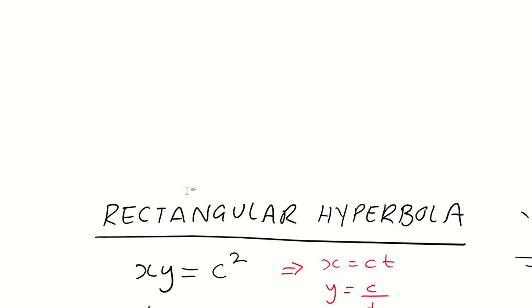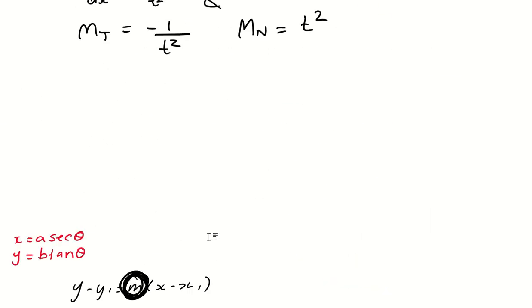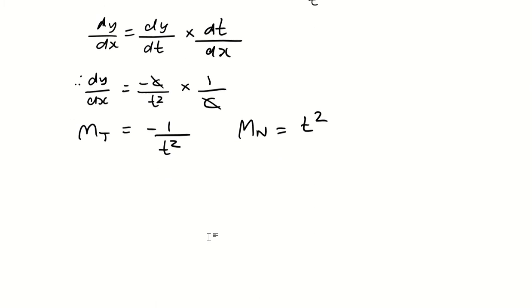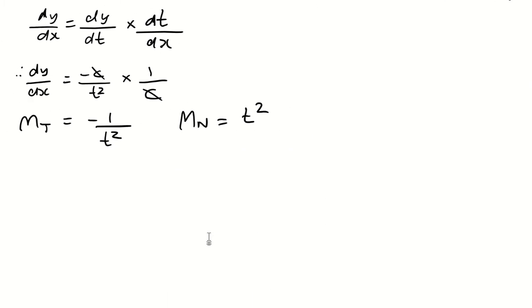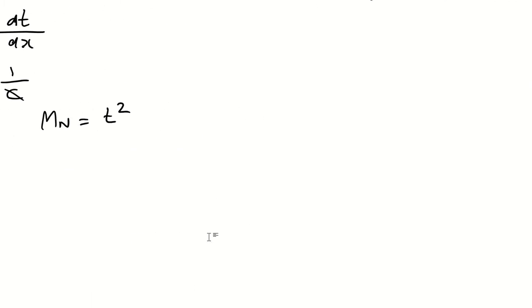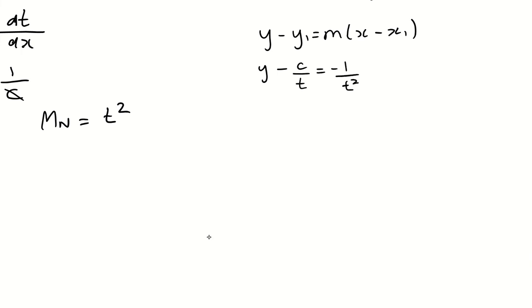Now we want the equation. So once again, we just take our gradient and we sub it in and we get the equation. So if we take y minus y1 equals m lots of x minus x1, y minus my y value, c on t, equals negative 1 on t squared, x minus my x value, which is ct.